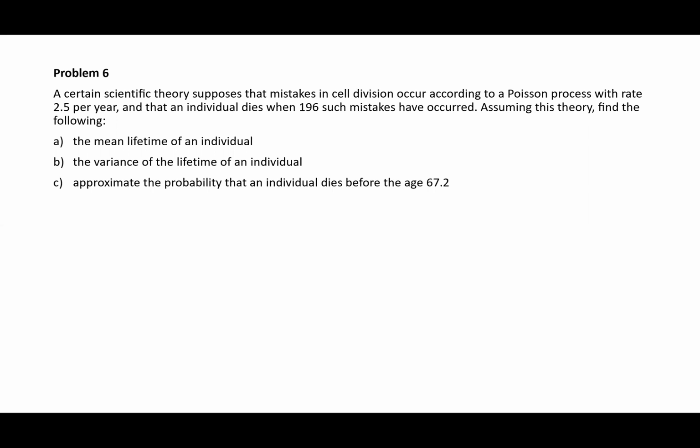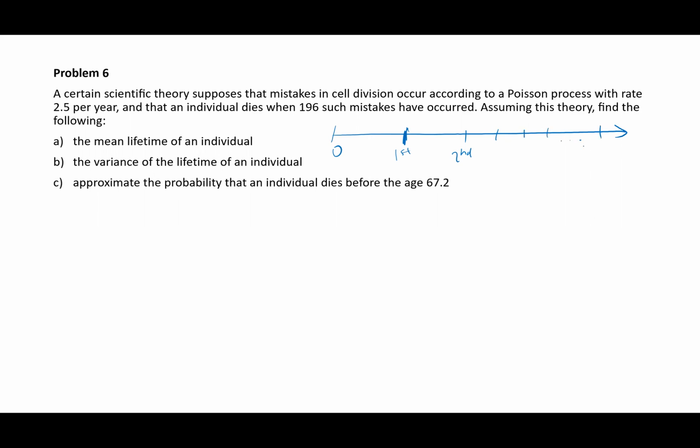So this theory assumes that your life is basically defined by when your body makes 196 mistakes, and that's when you die. If you start from 0, your body will make the first mistake at some time from birth, then the second mistake, and then third, fourth, and on.